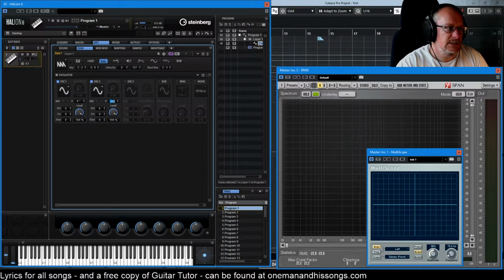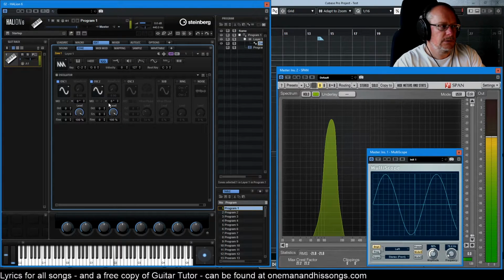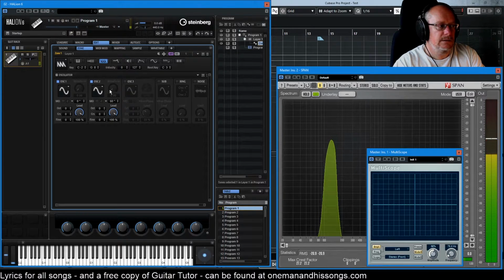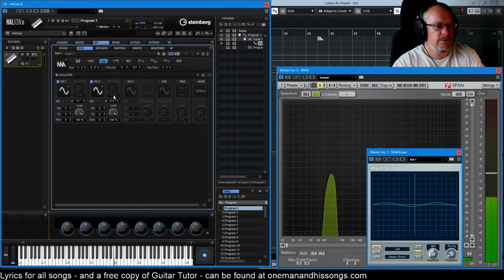Let's start at 0, and you'll see that from this point, each time I increase this phase, the cumulative wave is going to get quieter and quieter and quieter. You can see on the oscilloscope the wave's getting smaller and smaller.